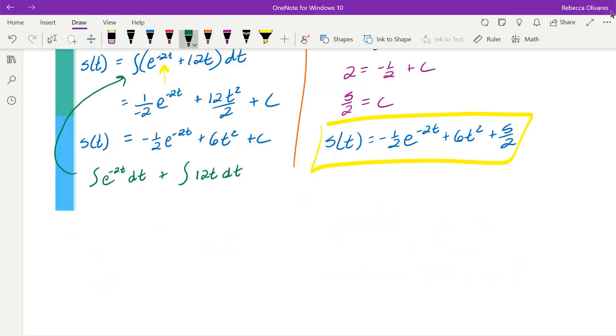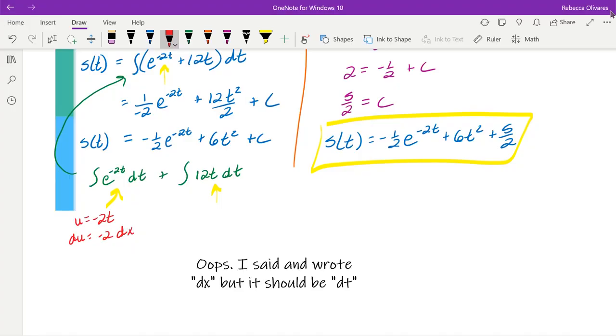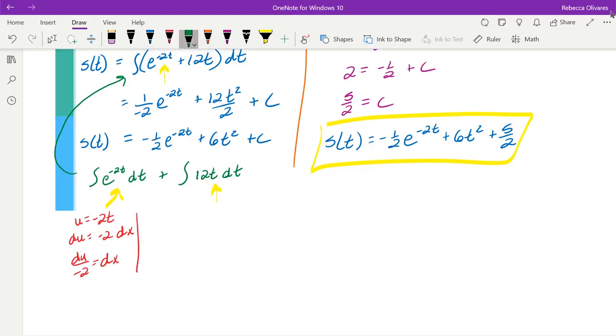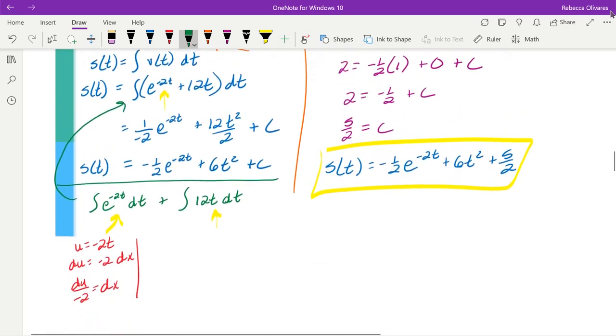You don't need to do u substitution for the 12t bit, but over here you would have to let u equal the negative 2t, and then the du would be negative 2 dx, and so then du divided by negative 2 is equal to dx, and then you would have to proceed from there. So in order to avoid all of that extra work, that's why the linear shortcut is very useful.